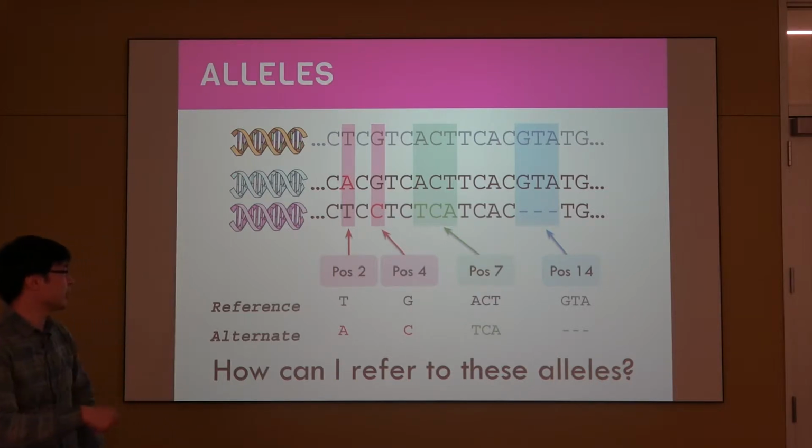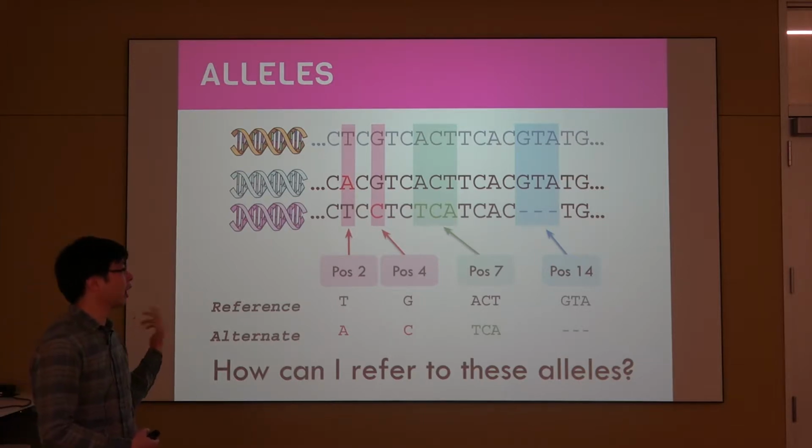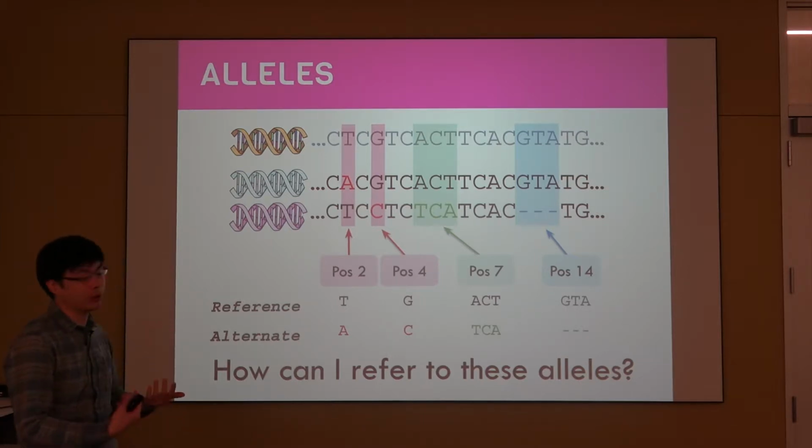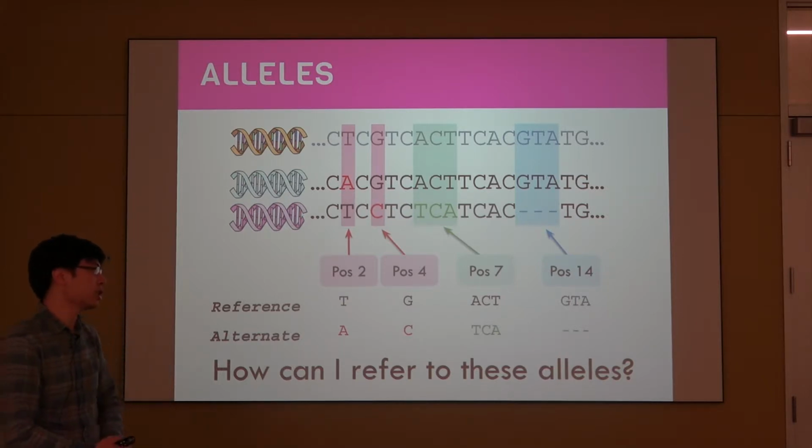So as you can see, for example, in position 2 here, one copy of the DNA has the allele T, and the other one has the allele A. And one of these is referred to as the reference, and the other one as the alternate. And over all these positions, as you can see, there's differences, and it doesn't necessarily have to be just one single base pair. There can be multiple base pairs, as in position 7, or there can be insertions or deletions, as shown in position 14.